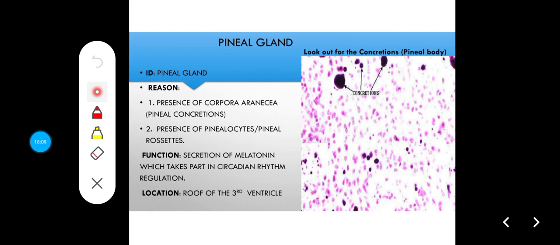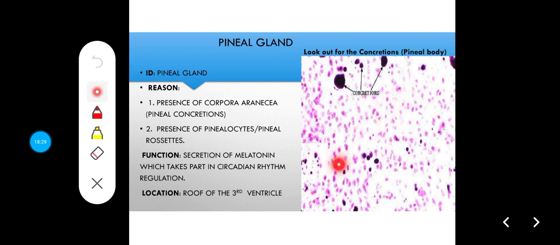Okay, then the next reason for identifying the pineal gland is the presence of pinealocytes or the pineal rosettes. So the pinealocytes are the major cells found in the pineal gland, and they majorly secrete melatonin.